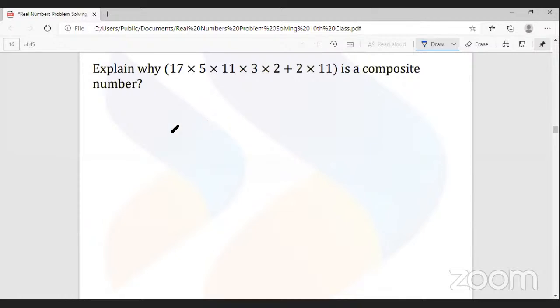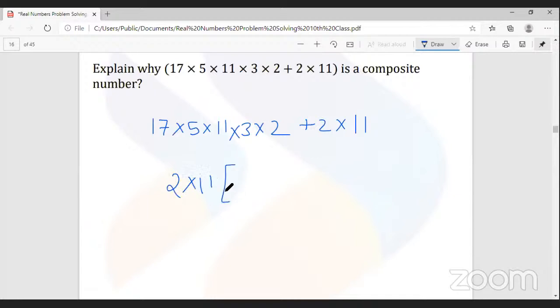So let's solve it. Here it is given 17 into 5 into 11 into 3 into 2 plus 2 into 11. So 2 into 11 I can take out common. Inside, what is left is 17 into 5 into 3 plus 1.